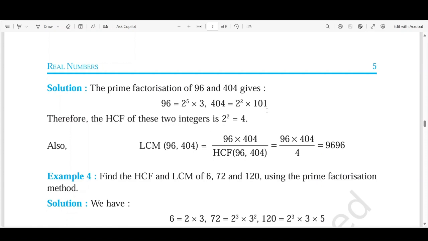By using the above idea that the product of HCF and LCM of two positive integers will be equal to the product of the two integers, we get the value of LCM of these two numbers by dividing the product of two numbers by the HCF. That is 96 into 404 by 4 equal to 9696.